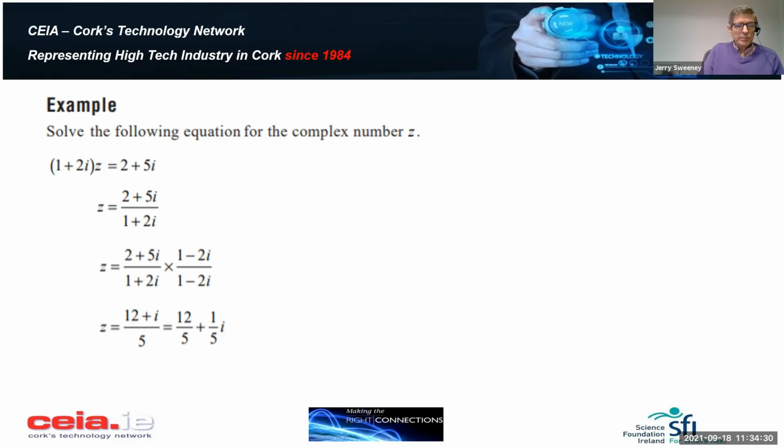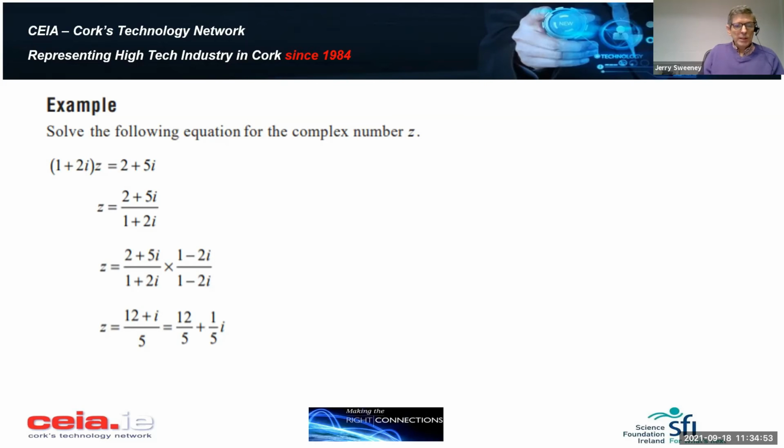If these were normal numbers, that would be very obvious to you. To do division in complex numbers, you use the trick with the complex conjugate. You multiply above and below by the complex conjugate of the denominator. If you multiply 1 plus 2i by its complex conjugate, you get 1 plus 4, which is 5.